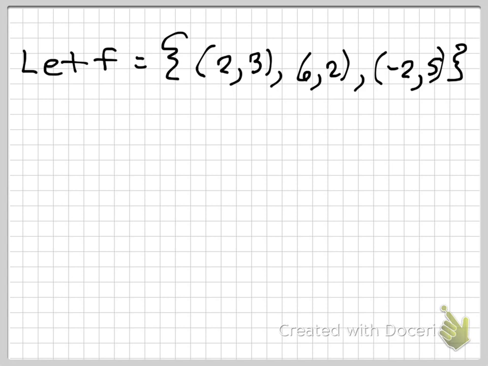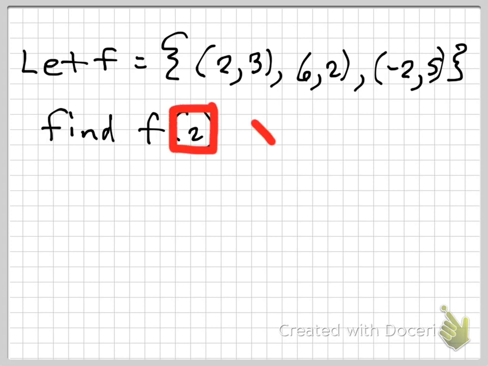Now these are all ordered pairs, right? They want you to find f of 2. Now remember that whatever number you have inside here really is your x value. Okay? So there's really no math to do here.